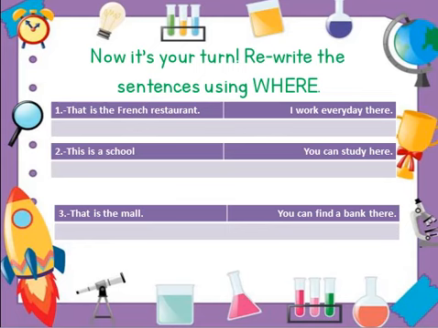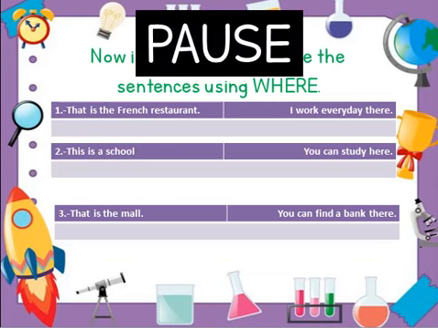In the number 3, that is the mall. You can find a bank there. Okay? So remember, in this moment, you can pause the video, go to your classwork, and rewrite the sentences. When you finish, you can return, play the video again, and check the answers together.